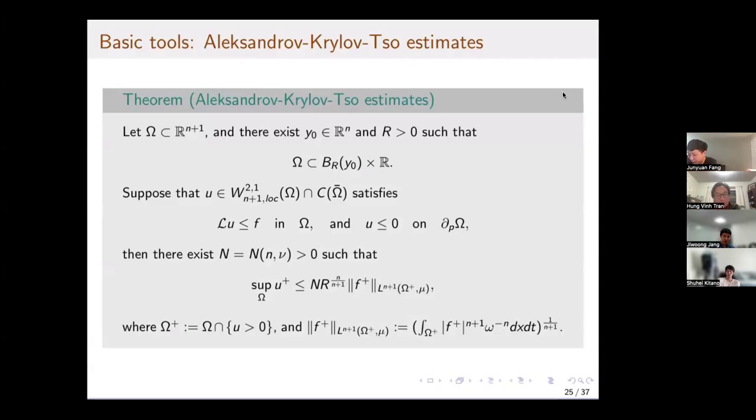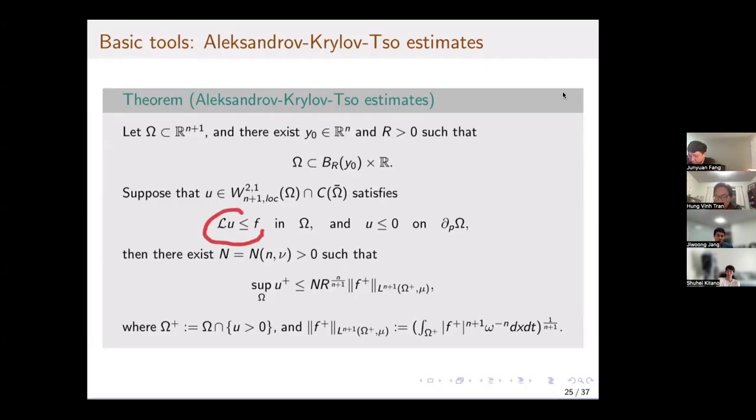This is called the Alexandrov-Krylov-Tso estimate. This is a parabolic version of the ABP estimate. I will quickly show the idea, because there's some geometric interpretation behind this one, but I don't have much time.